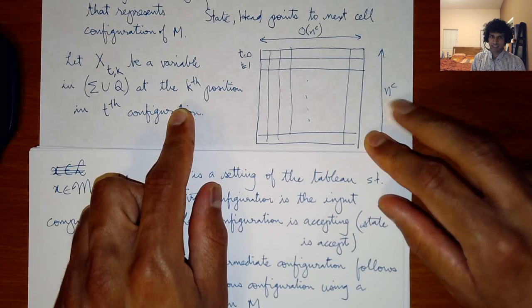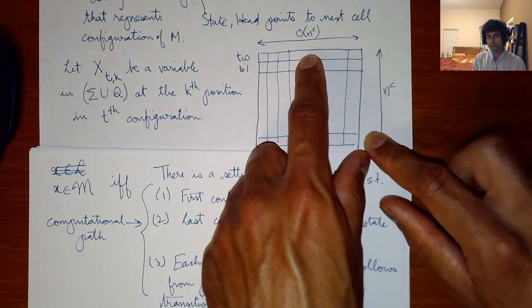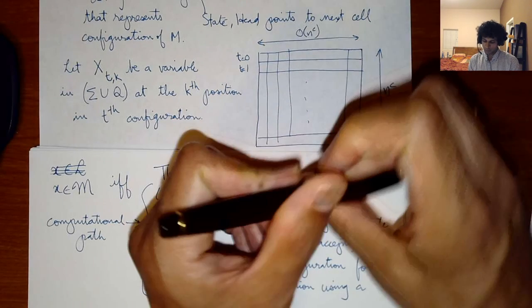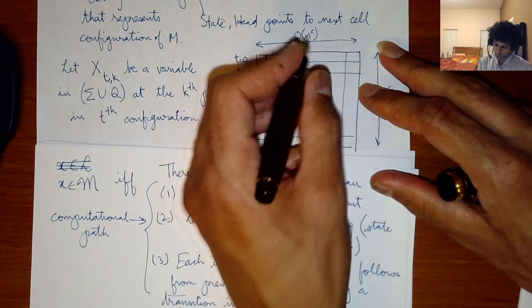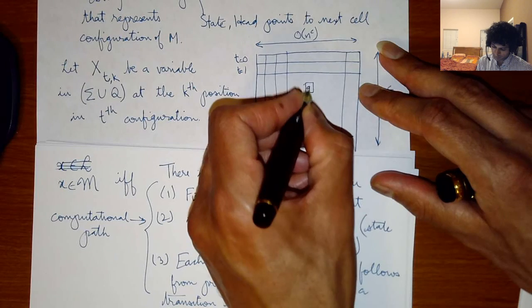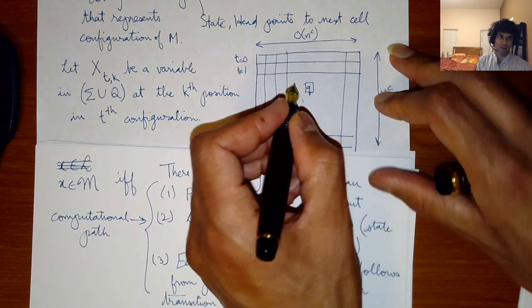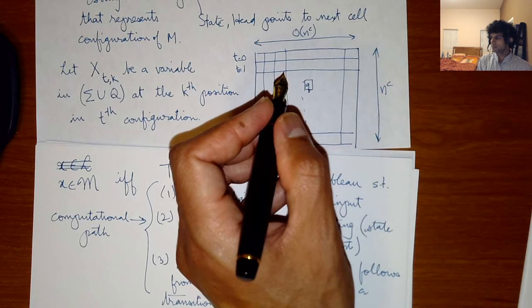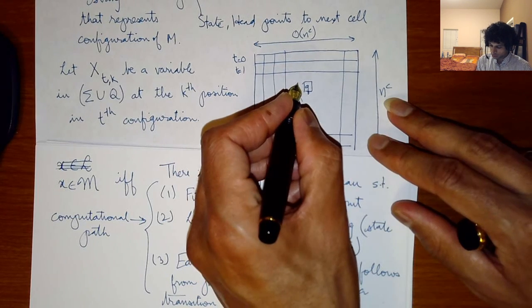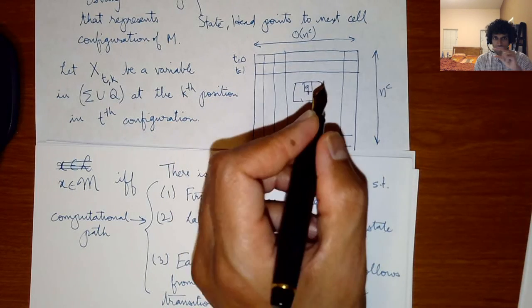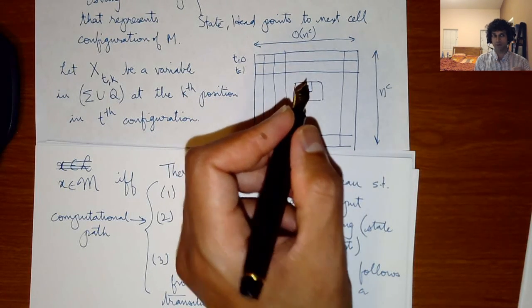What you can say is, you know that the head is only going to move by one step. So suppose the head is sitting somewhere here. In the next step, the head is either going to move one step to the left or one step to the right. So there are these small windows where you just need to check whether the head has moved correctly and written the right symbol.